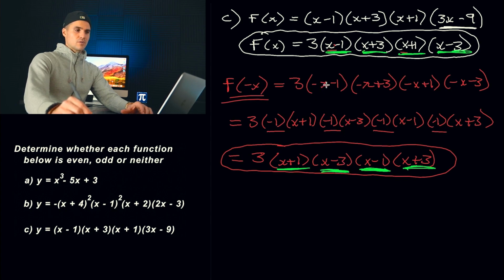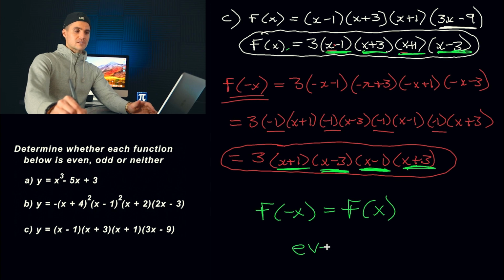So even though the factors in those specific spots changed, the other factors changed as well, and then those other factors ended up being the same factors as the original function, right? So these two functions, they're exactly the same. So we know that f of negative x is equal to f of x, and therefore this function is even.